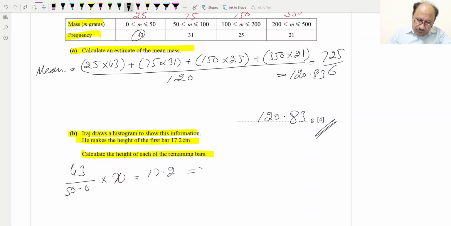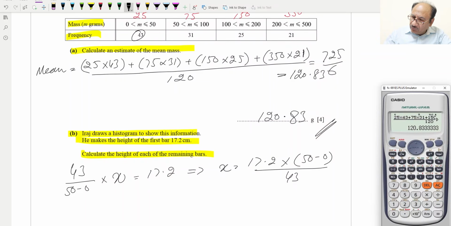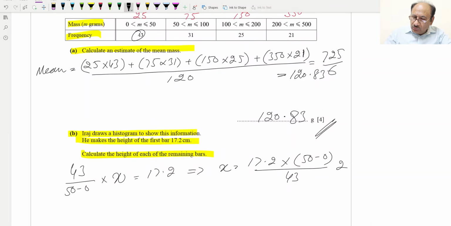This implies x will be equal to 17.2 multiplied by 50 minus 0, and divided by 43. If we calculate this fraction, I'm just writing 50 minus 0 for your clarity, so this will be equal to 20. So this x value will be 20.